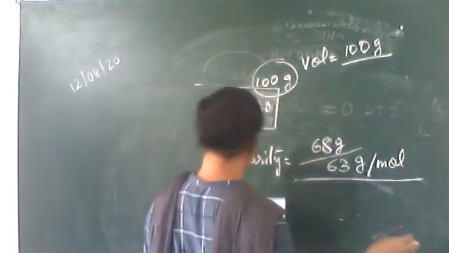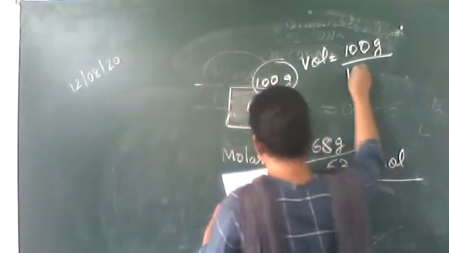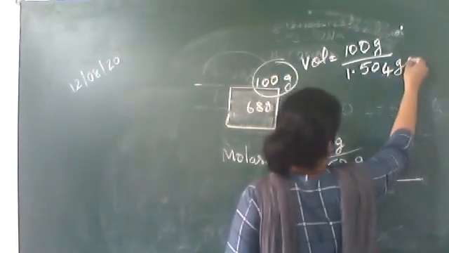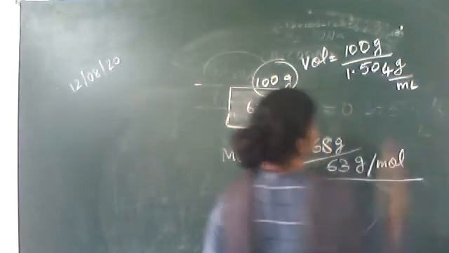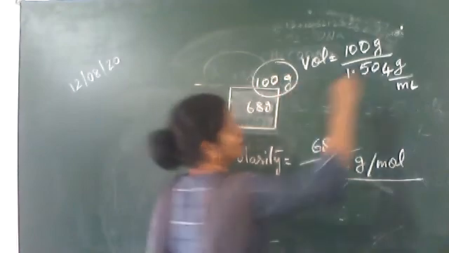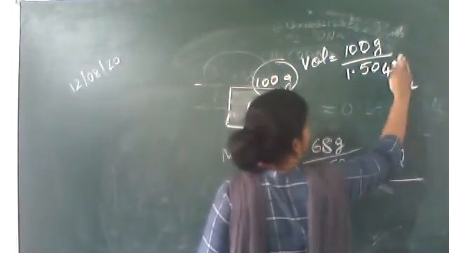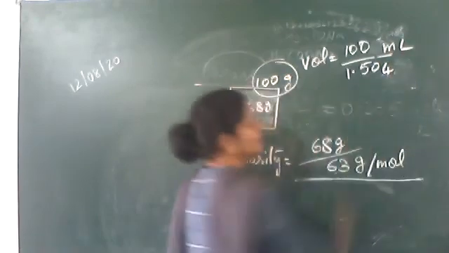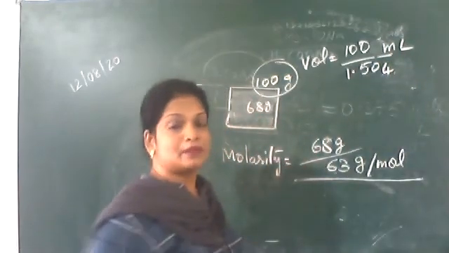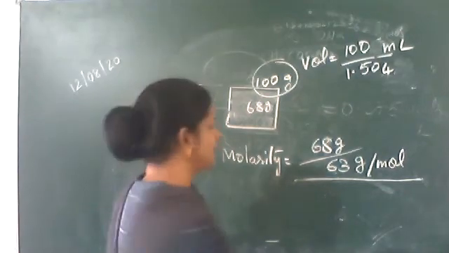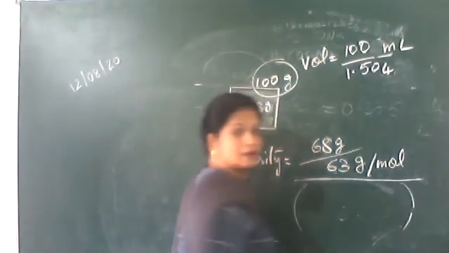What is the density given? 1.504 grams per ml. Gram will get cancelled and ml will go in the numerator. So here this is in ml. Volume of the solution we have got, but this is in ml. You have to convert that into liters and put it here, right?